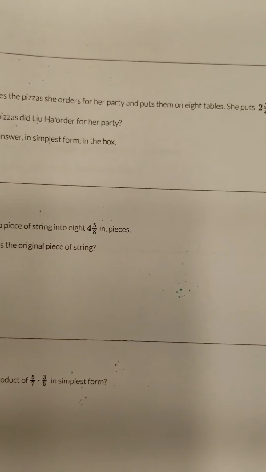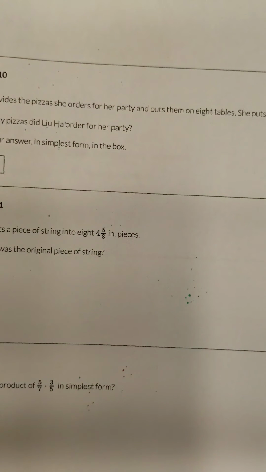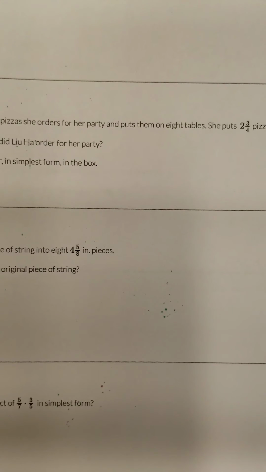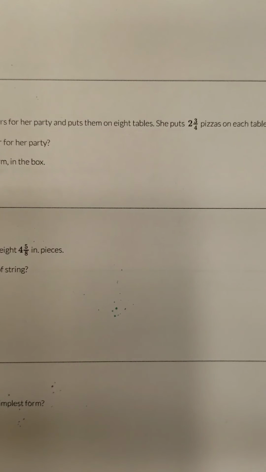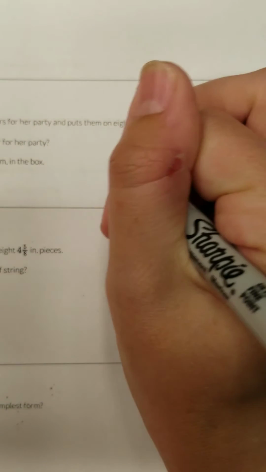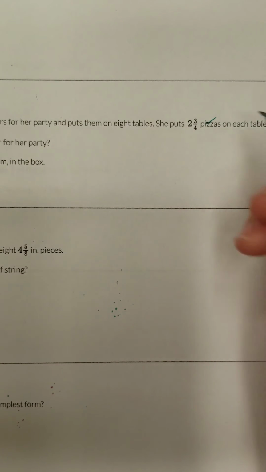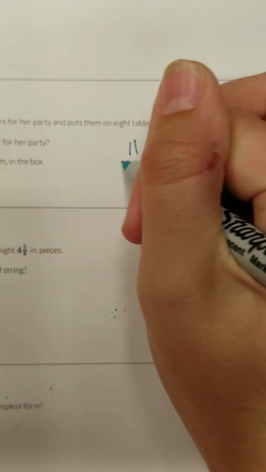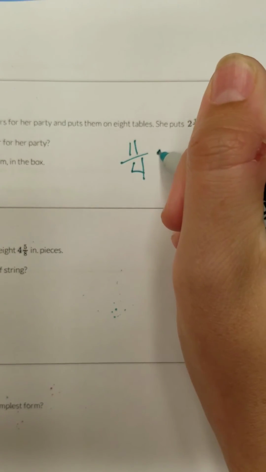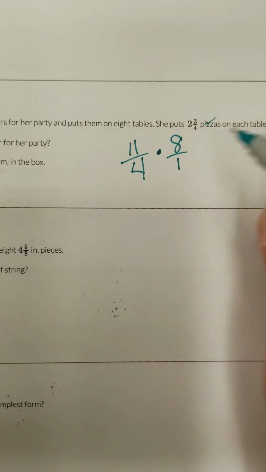Okay, number 10. Luha divides the pizza she orders for her party and puts them on 8 tables. She puts 2 3/4 pizzas on each table. How many pizzas did she order? So we've got 2 3/4. I'm going to change that to an improper fraction. 4 times 2 is 8, plus 3 is 11. And she had 8 tables, or 8 over 1.